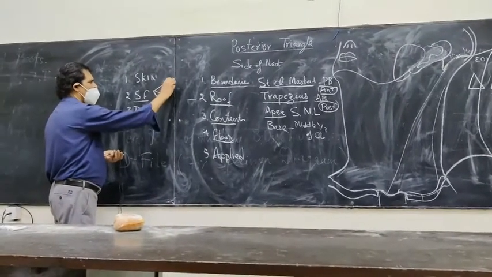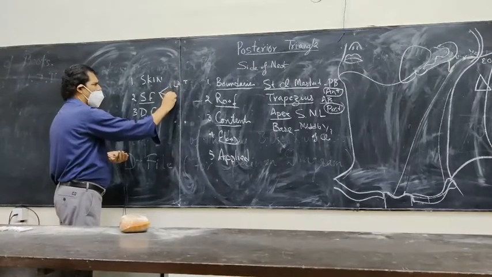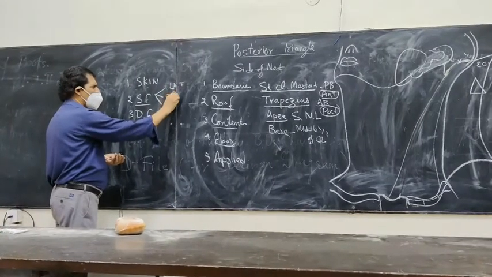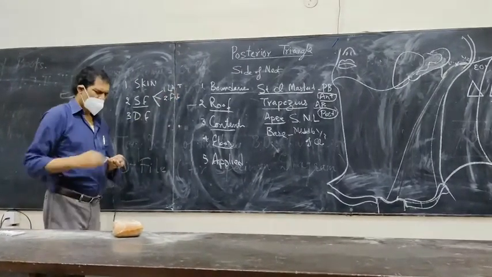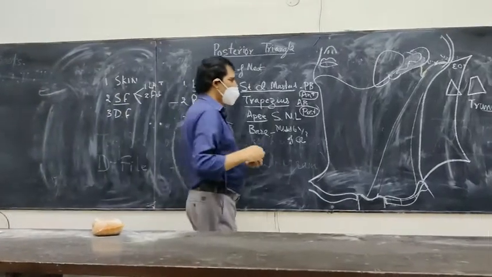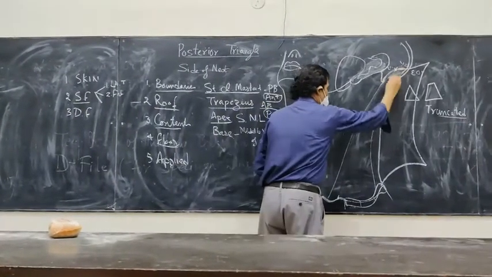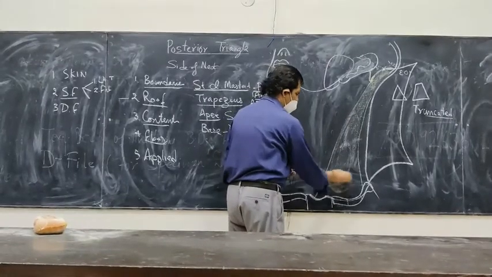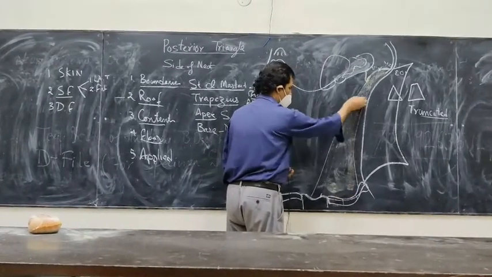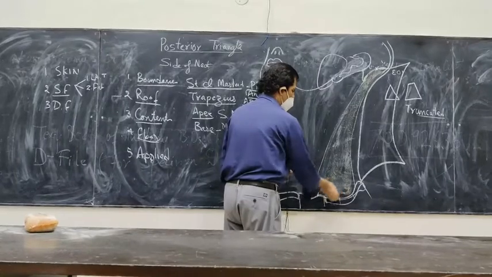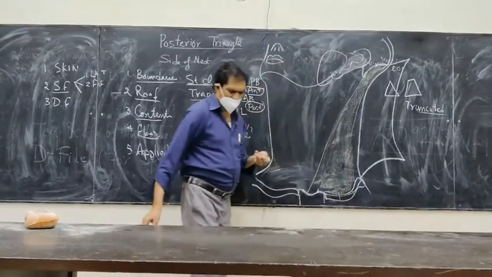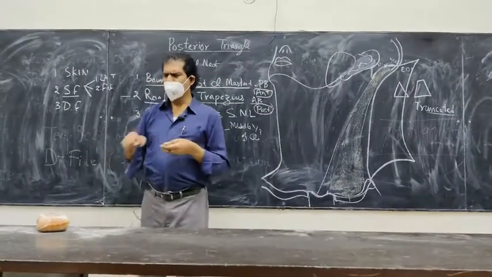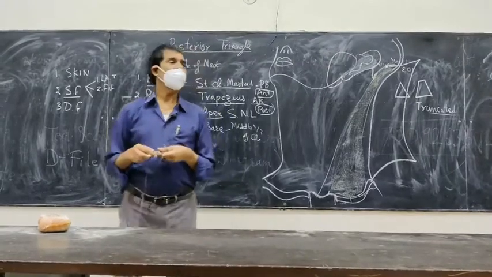Fluid, areolar tissue and yellow color fat. So when we remove the skin, we find yellow color fat everywhere. If we are seeing the fat, it means we are seeing the second layer of the human body, that is the superficial fascia.